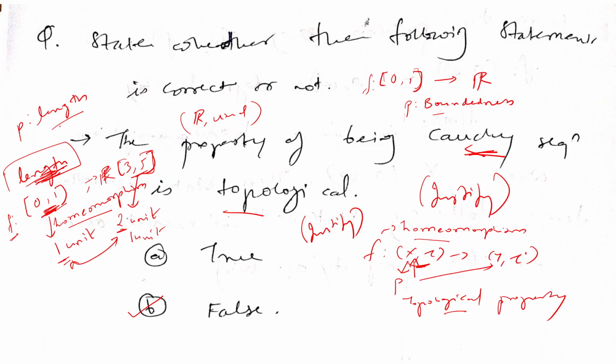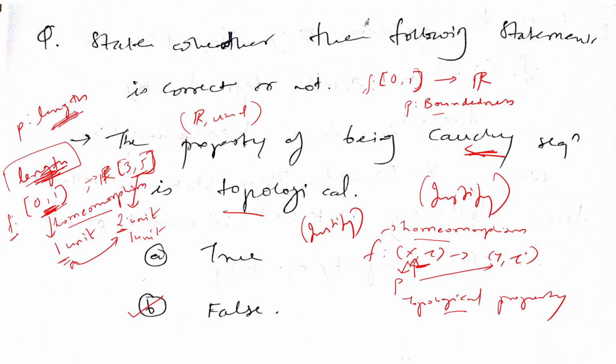and you are taking the property as length, is it a homeomorphism? Yes, you can form a homeomorphism. So is the property length a topological property? No, right? Why? Because it is a homeomorphism, but in both the sets you can see the length.